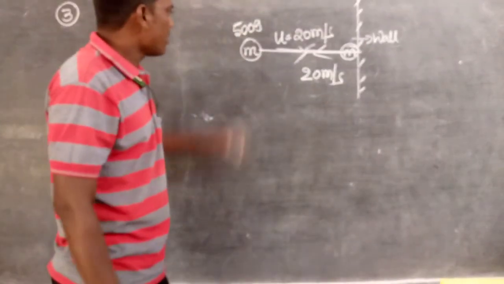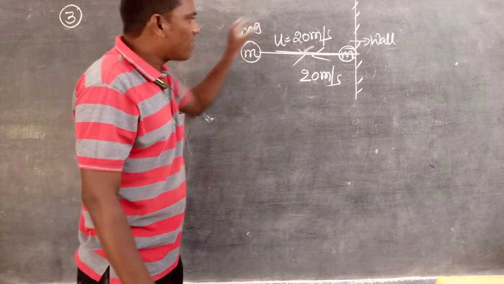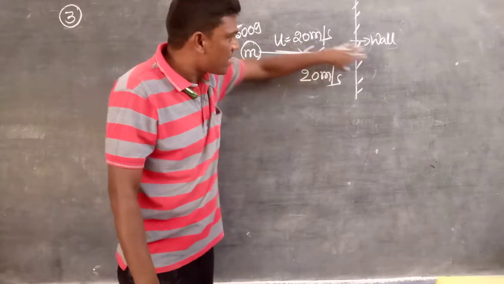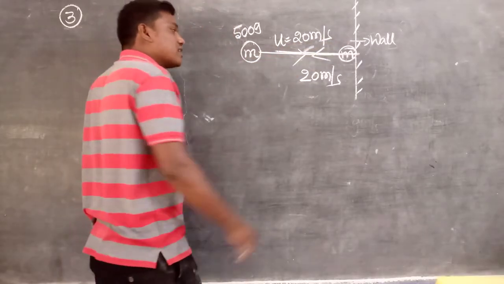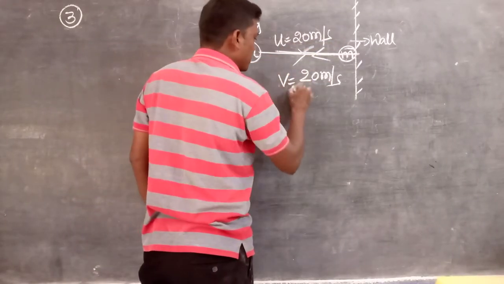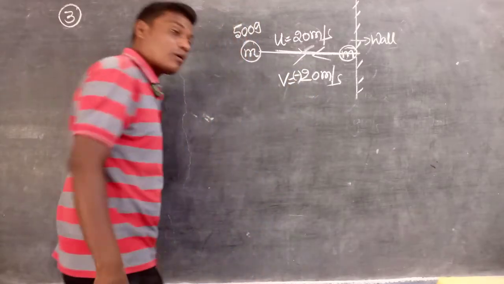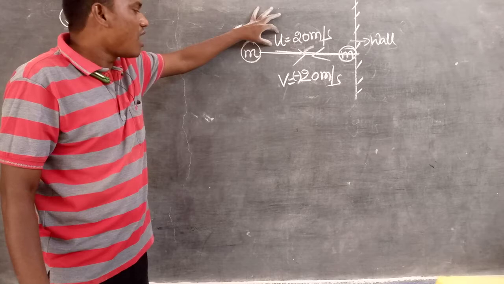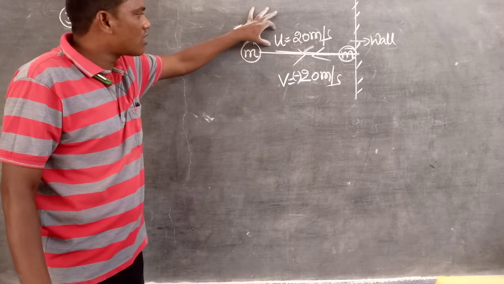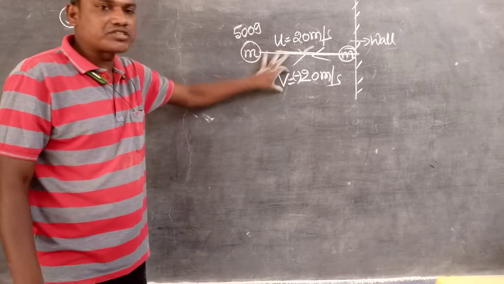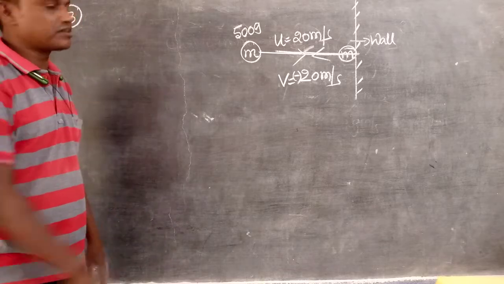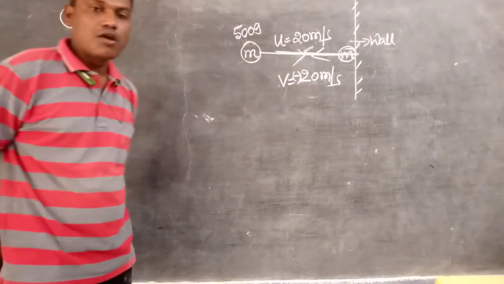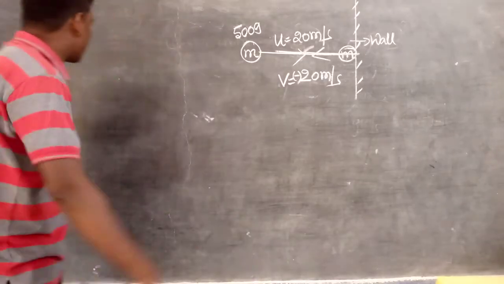Here you observe that after touching, the wall applies some force on the ball, so the ball comes on the reverse path. So this velocity is v, here you can say minus v. The direction of the initial motion of the body, and the final, is in which direction? Opposite direction. So during this type of condition, what is the change in momentum?